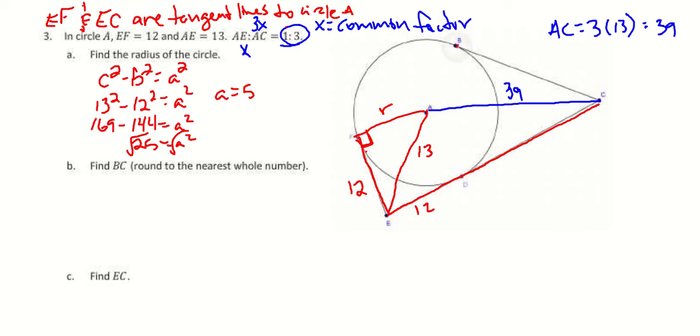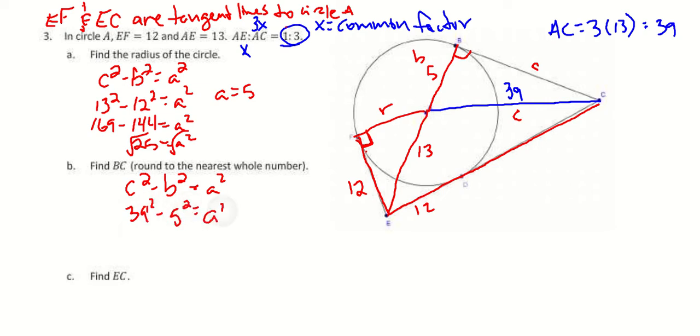So likewise, if I draw this in, and this is 5, now I can go figure out the length of BC. And we know it's going to be a decimal because it says round to the nearest whole number. So same thing though. Here's our right triangle. So that's C. We'll call that B, and there's A again. So we can do C squared minus B squared is equal to A squared, and then 39 squared minus 5 squared is equal to A squared.